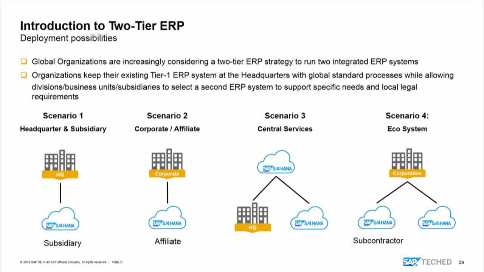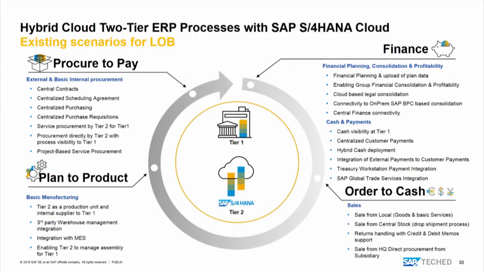They might be looking into quick time to implementation and value with a full core ERP. So some of our customers look to do a 2-tier strategy by having headquarters run on-premise, could be ERP or S4 on-premise, and subsidiaries execute with the public cloud and have the benefit of the quick value.